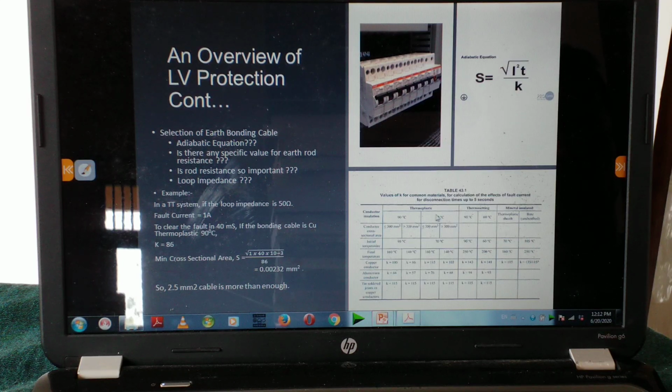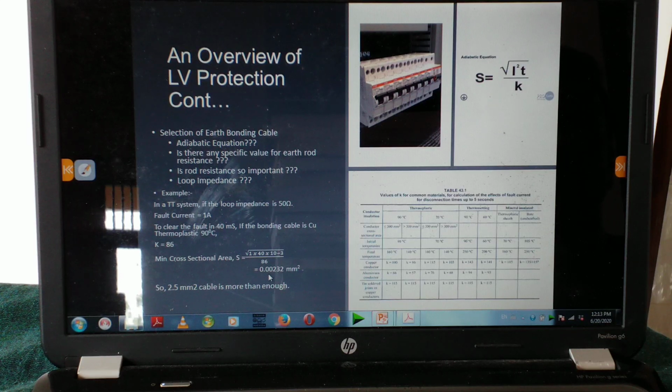Here we go for the 90 thermoplastic range, K equals 86 here, because the cross sectional area is larger or less than 300 square millimeters, based on that we can choose. The minimum cross sectional area we can count: I is 1, t is 40 times 10 to the power minus 3, square root, over 86, or you can use K as 100.